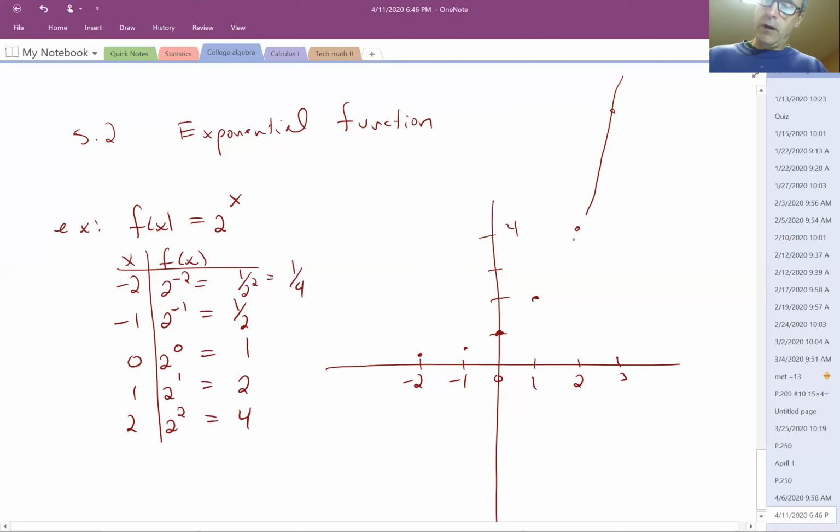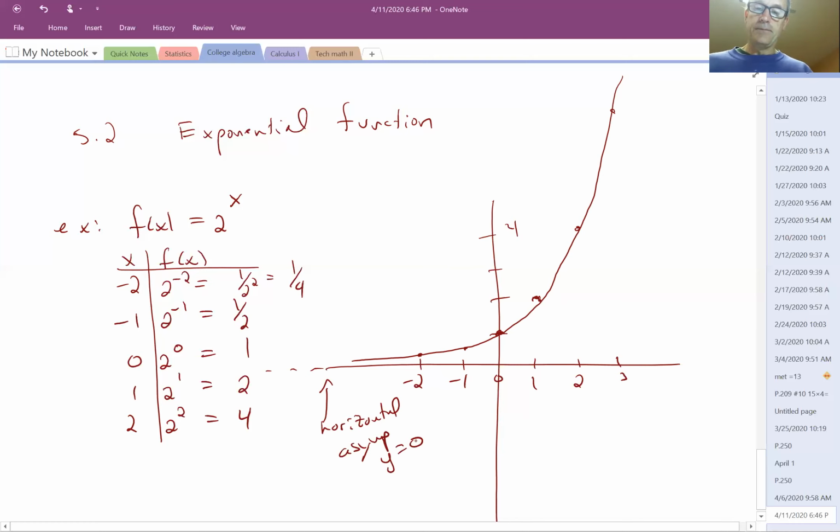Didn't do a very good job. Boom, there it is. Exponentials grow fast. They grow tall really fast, and then they level off. They have what they call a horizontal asymptote at y equals 0. Flat line there. They go flat on the left.